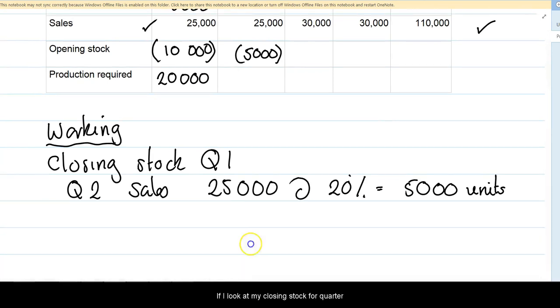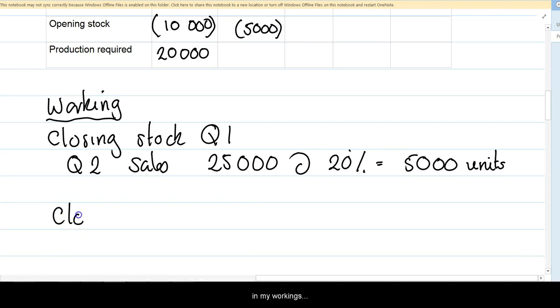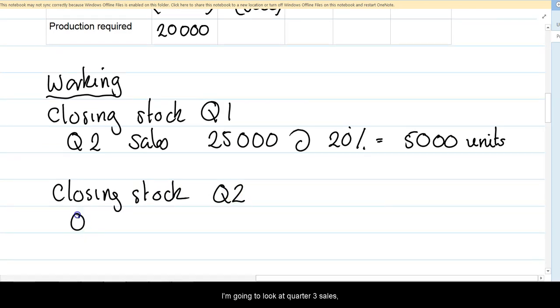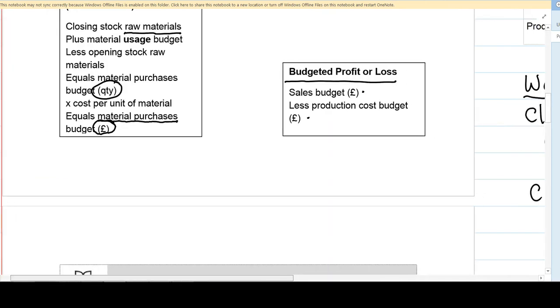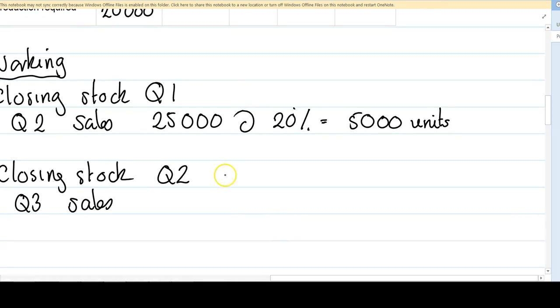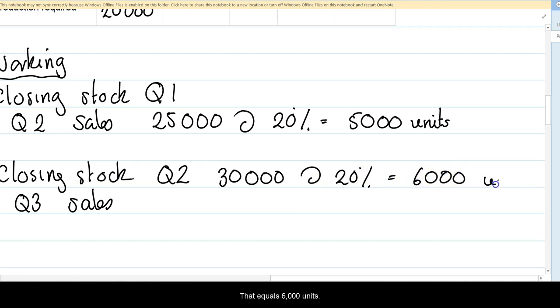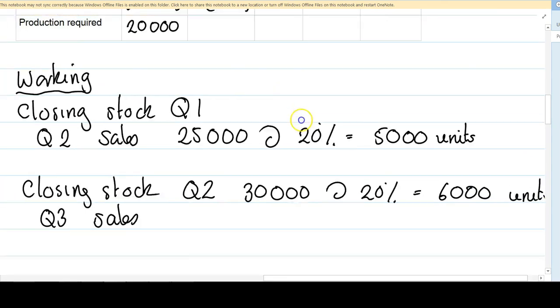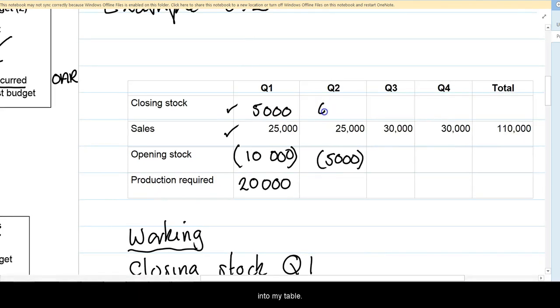If I look at my closing stock for quarter 2 in my workings, I'm going to look at quarter 3 sales, and quarter 3 sales are 30,000 at 20%, and that equals 6,000 units. And I can put that into my table.